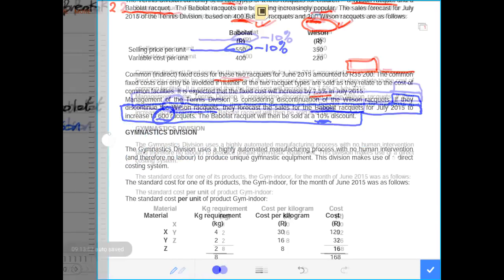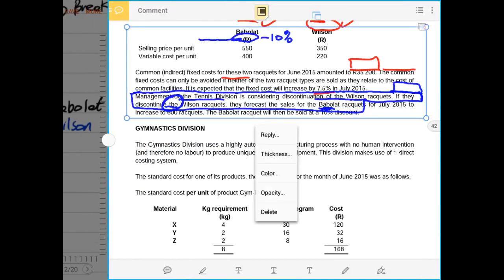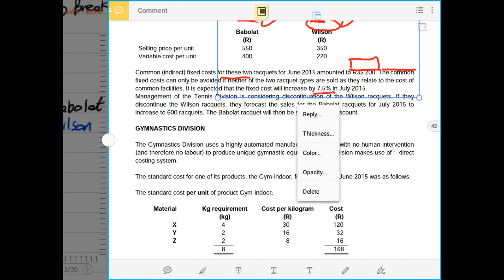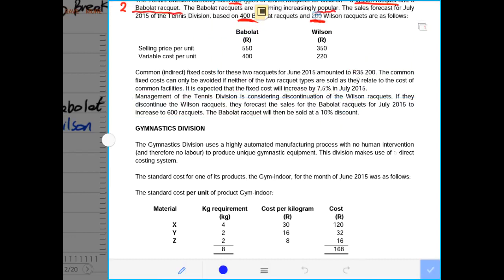Remember, the fixed cost remains the same. As long as the company still manufactures this product, fixed cost will still be that 35,200 plus the 7.5%, which is 37,840 budgeted for the month of July. Don't forget that.